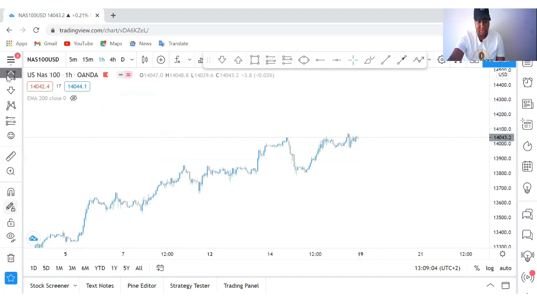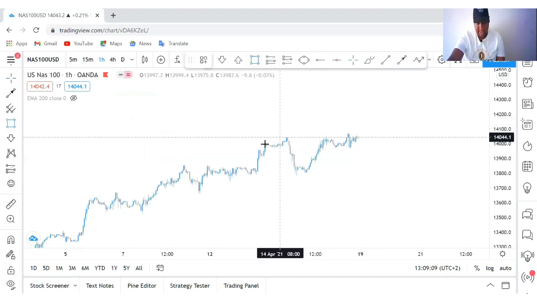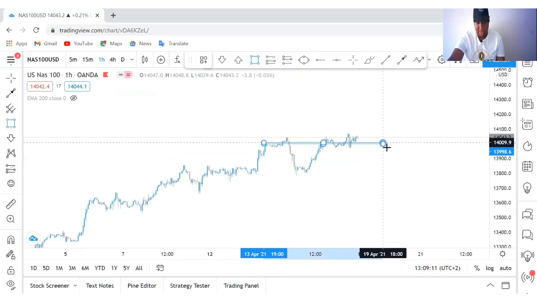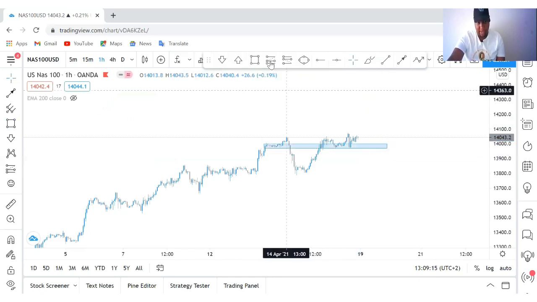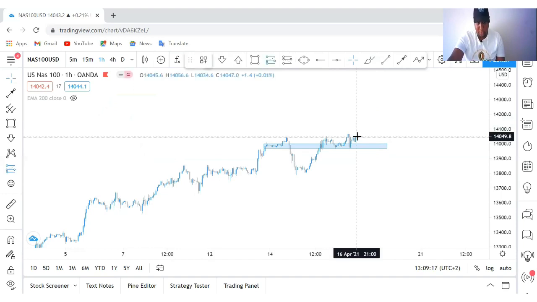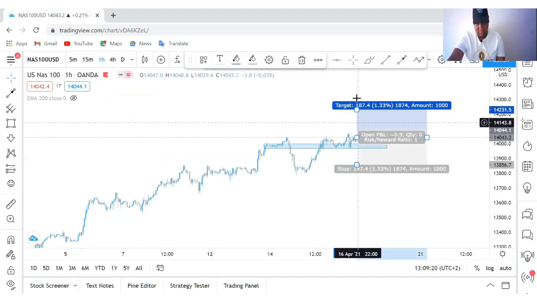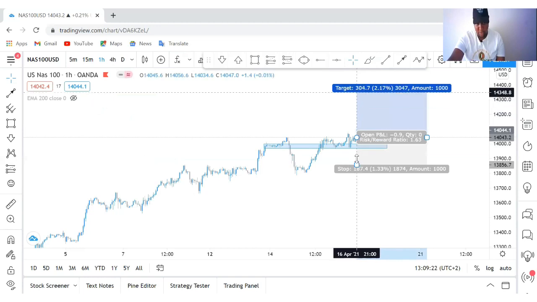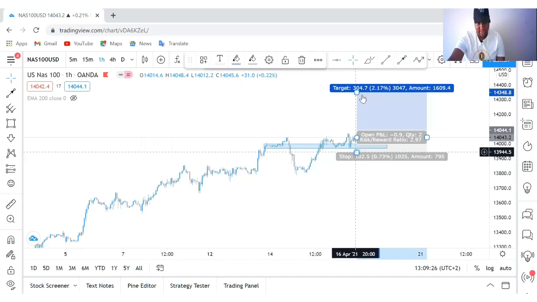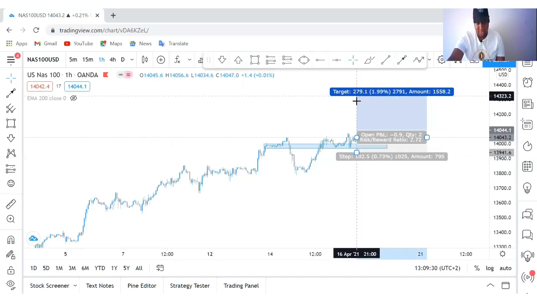So I have a lot to say here about NASDAQ, but definitely if it broke this previous high, which is the 1400s, then definitely I'm looking at, some of you I know you're already holding trades. Just minimize that risk because this is NASDAQ. I would aim 1:2.